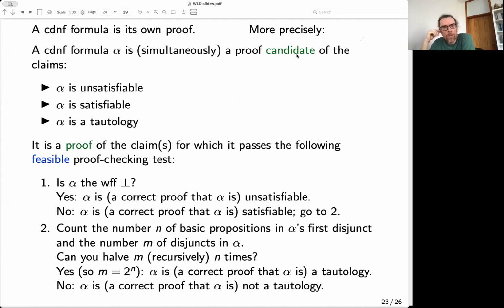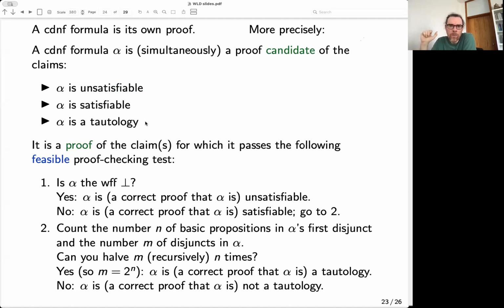So, or more precisely, if you take a formula, one of those CDNFs, then it's kind of simultaneously a proof candidate of 3 different claims: the claim that it itself is unsatisfiable, the claim that it itself is satisfiable, and the claim that it itself is a tautology. So it's a proof candidate of all 3 claims.